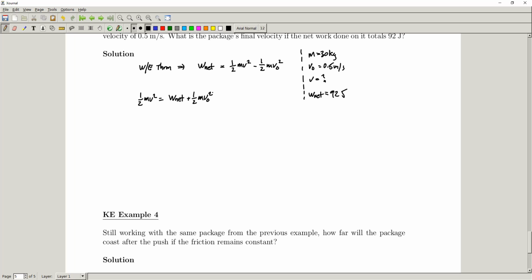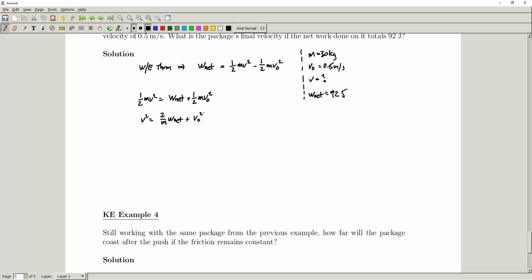And again, we want to isolate v, so let's multiply by 2 and divide by m, right? So we're going to end up with v squared is equal to 2 over m W net plus v0 squared.